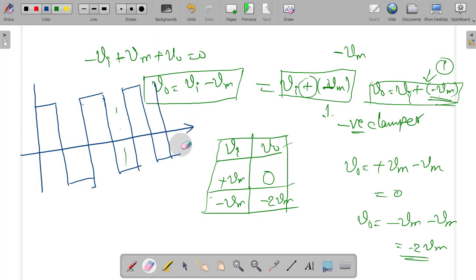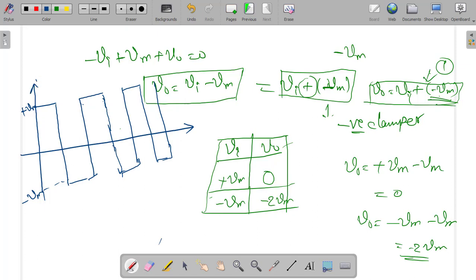Once the input is known, you can draw the output. This is minus Vm and this is plus Vm. Now how can I draw the output?